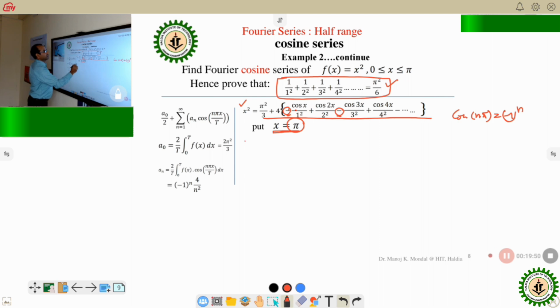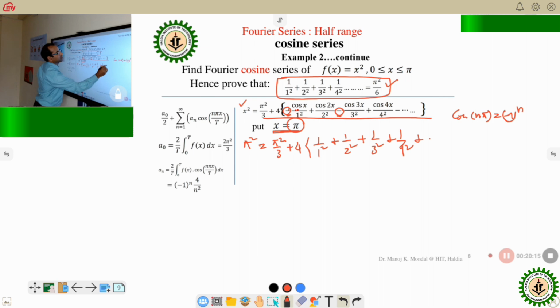So it will be pi square on the left hand side, and on the right hand side pi square by 3 plus 4 times cos 2 pi, this is 1 by 1 square plus 1 by 2 square, cos 2 pi, cos 3 pi, minus plus, that means 1 by 3 square plus 1 by 4 square and plus that up to infinity.